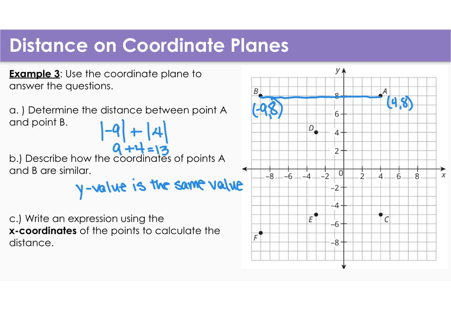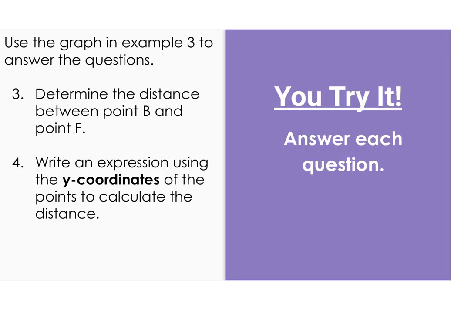Write an expression using the x-coordinates of the points to calculate the distance. So this is what we just looked at, where we are finding the distance. So it is going to be the absolute value of 9 plus the absolute value of 4. 9 plus 4, because the absolute value of negative 9 is 9. Absolute value of 4 is 4, and that's 13. Okay, your turn. You try it.